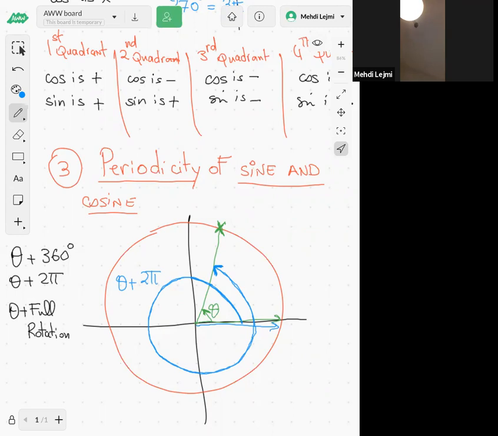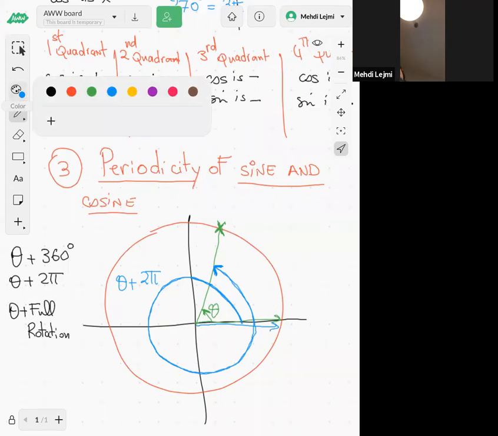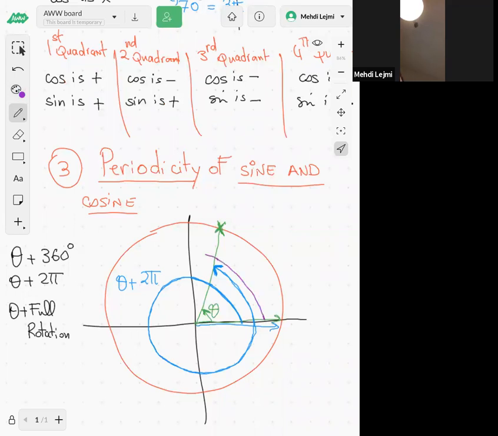So it's theta and then you do one full rotation. You can also do theta plus 2 full rotations. You start from here, this is my theta, and then I do one full rotation, come back to the same place, and then I do another full rotation, and of course I come back to the same place.